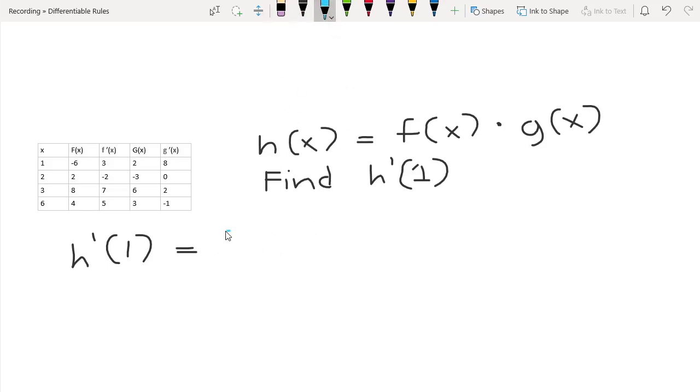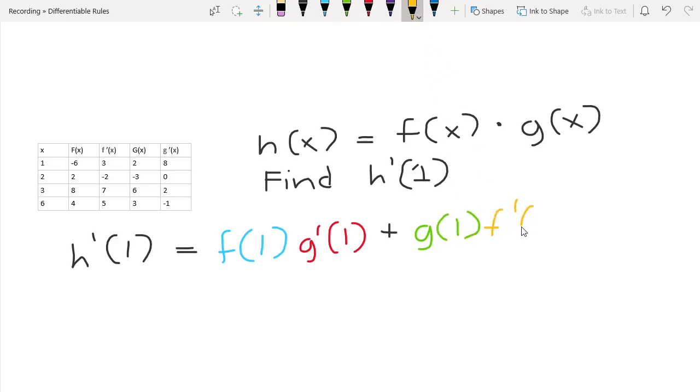We'll do f of 1 first, and then we will do g prime of 1, and then we'll add those, and then we will do g of 1, and then we will do f prime of 1. Since we have a table right here, we can just fill it in.